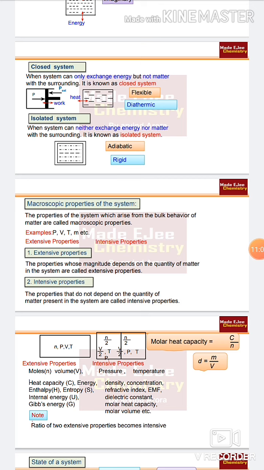That means matter cannot exchange with surrounding, but the heat or energy can exchange with surrounding. So it is called a closed system. In a closed system, the boundary may be rigid or flexible.